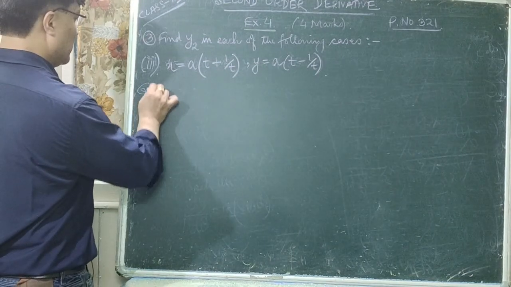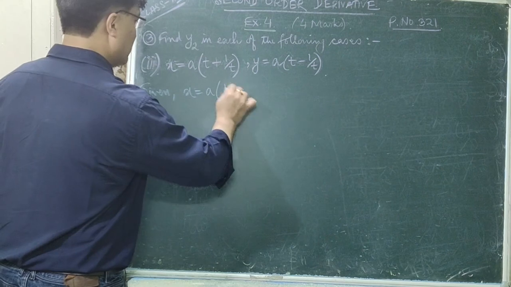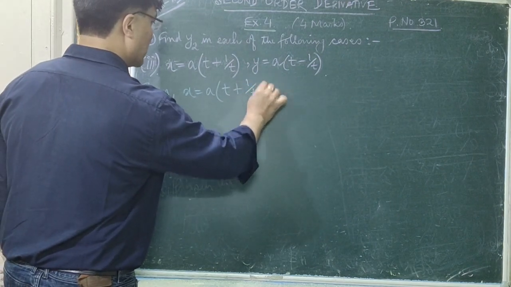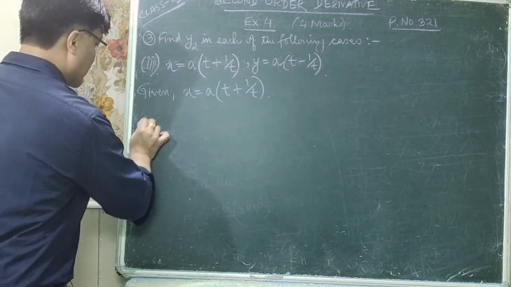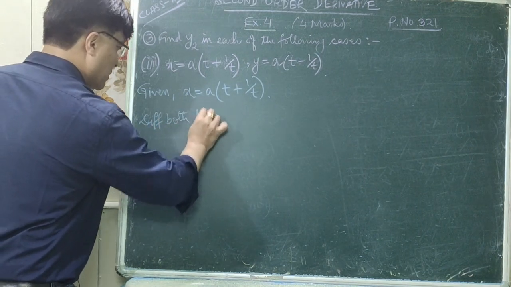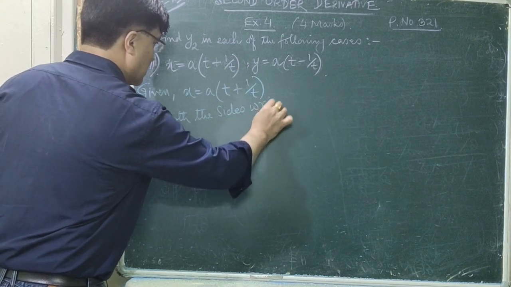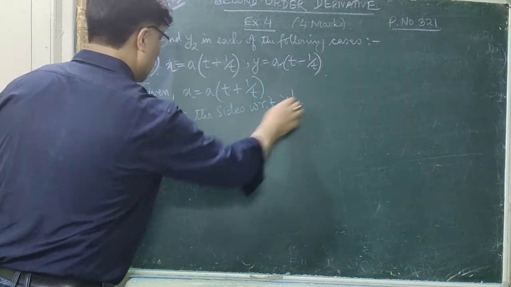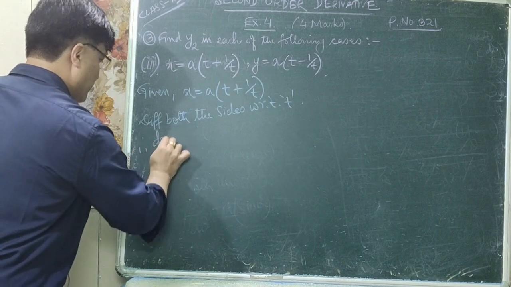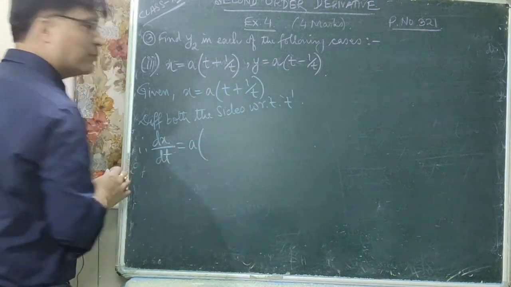So here given is x is equal to a within bracket t plus 1 upon t. So write down, differentiating both the sides with respect to t. So therefore dx by dt is equal to a into within bracket.